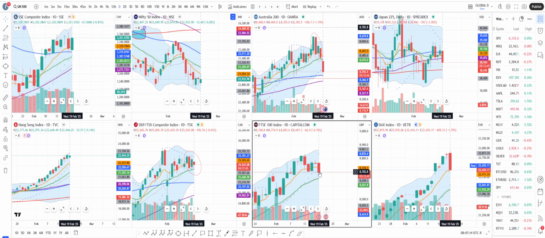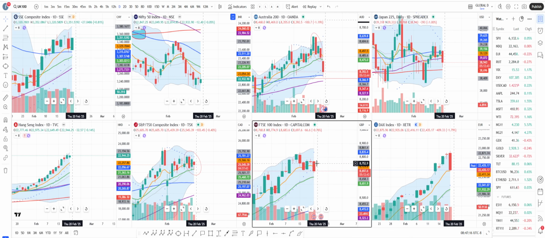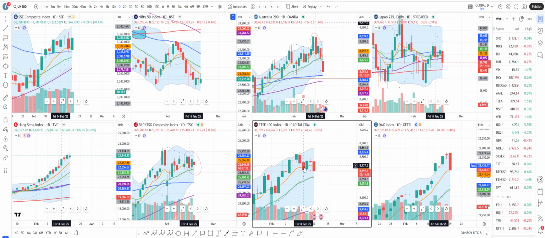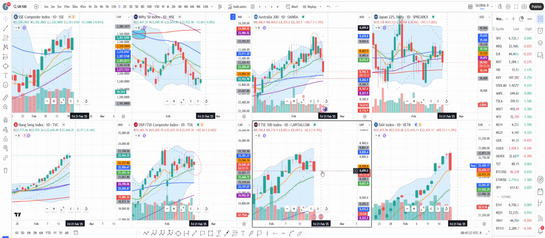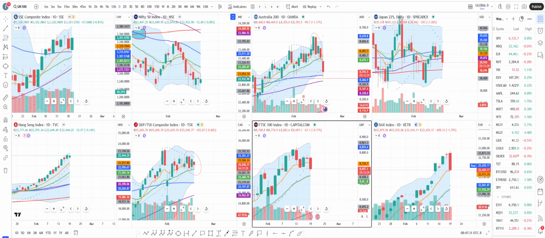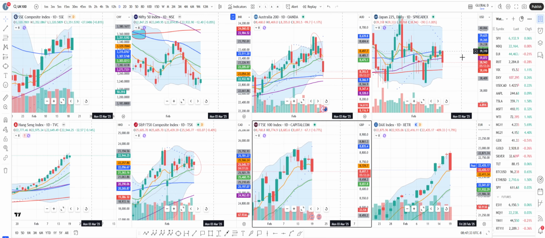And another interesting formation here for FTSE is a tower top, and potentially it's a double top. So the chances for moving lower, if it closes like this today, that would be a serious bearish statement.